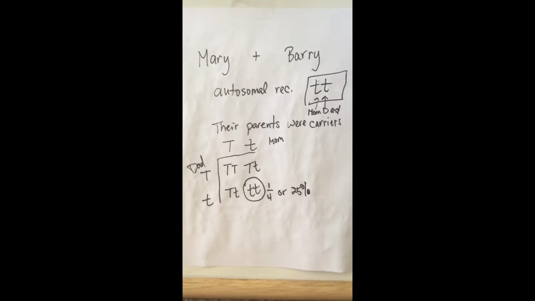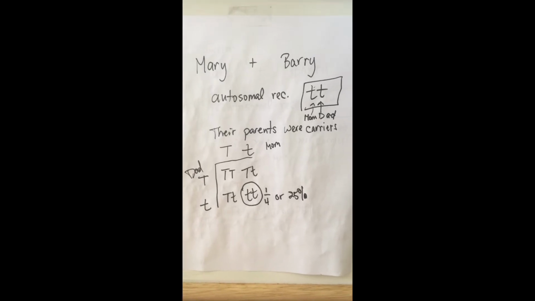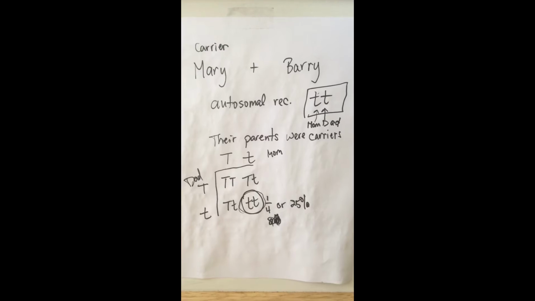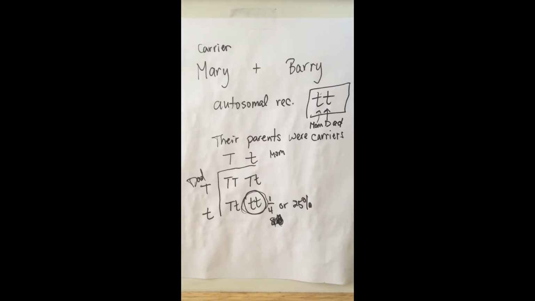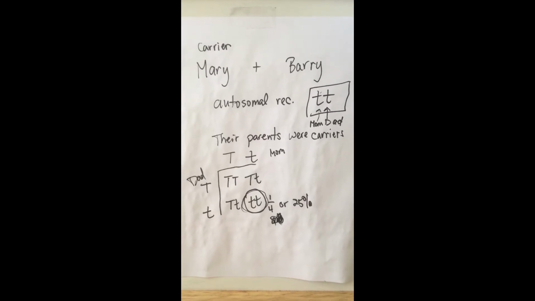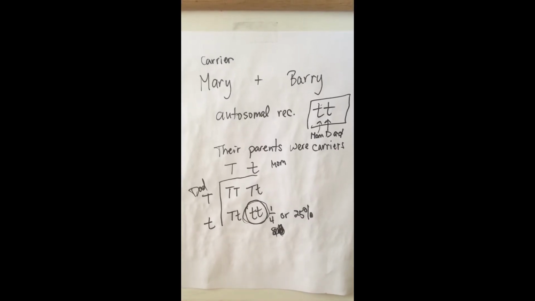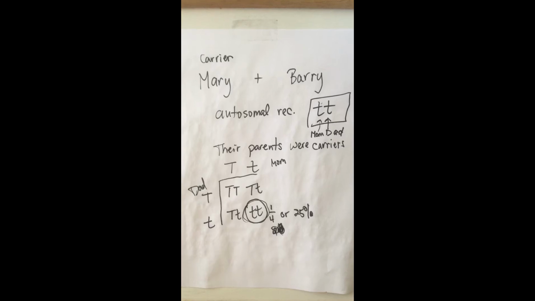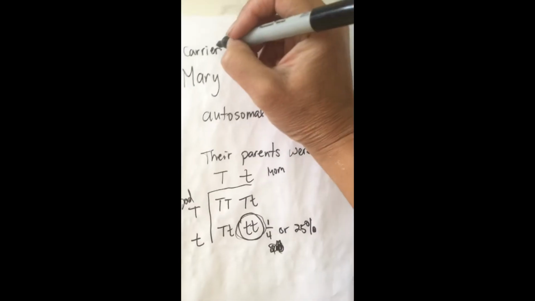All right, I'm going to take a break here and get a new piece of paper. Okay, I lied. I still have one more thing to say about what I've drawn here before we go on to a new page. One thing when people do this problem is that they assume that both Mary and Barry are carriers.